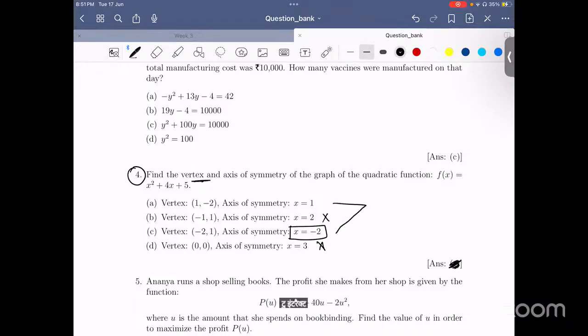Maxima is the x-intercept and minima is the y-intercept?